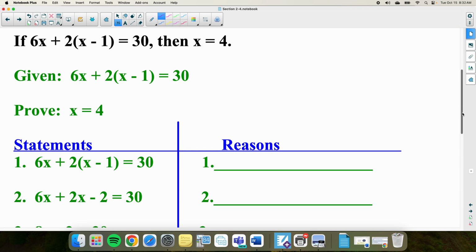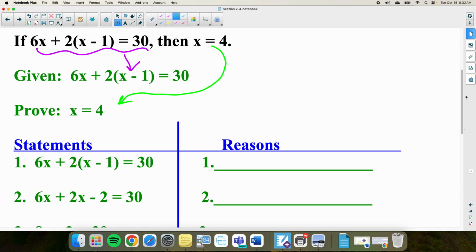So, one thing I'll tell you, if you ever get an if-then proof, the if you always put as given, and that's where you start the problem for given. And then you'll also have a prove statement. And that is what you are trying to prove, what you want to end up with. So given is where you start, prove is where you end.